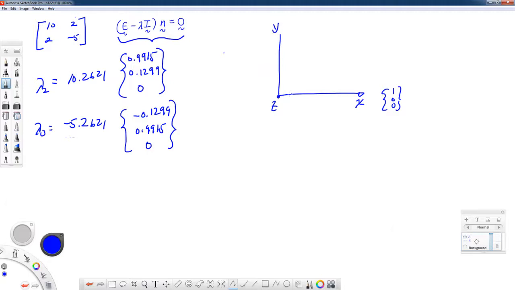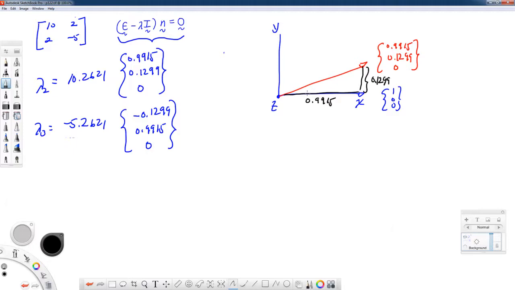So maybe I'm going to exaggerate this a little bit. It's a very small angle, but this direction in the xyz coordinate system has components 0.9915, 0.1299, and 0. So this dimension for this triangle is 0.9915, and this dimension up this way is 0.1299.